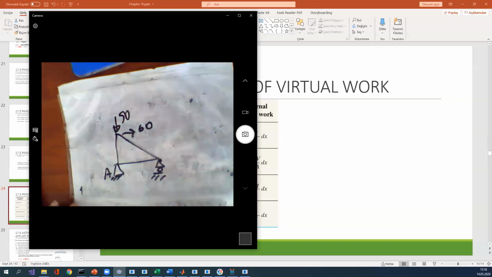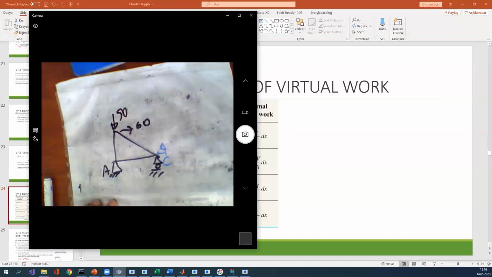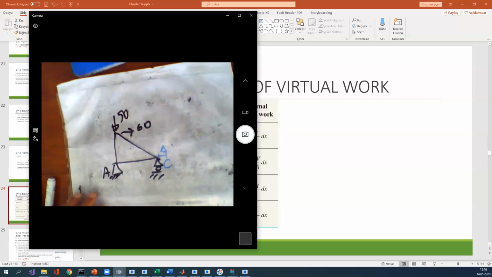This is the real loading type, and the question wants the virtual loading at point C, asking for the horizontal displacement here. Okay, for the virtual work principle, we have two loading types. The first is the real loading. The second is the virtual loading.